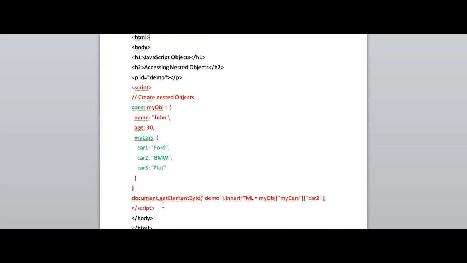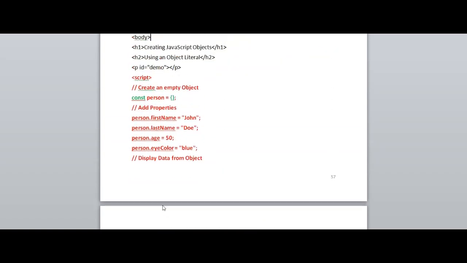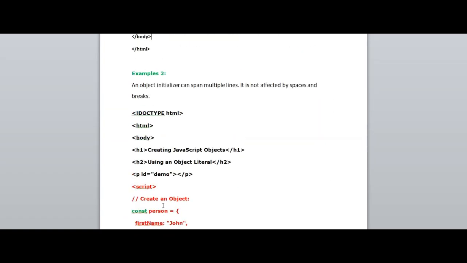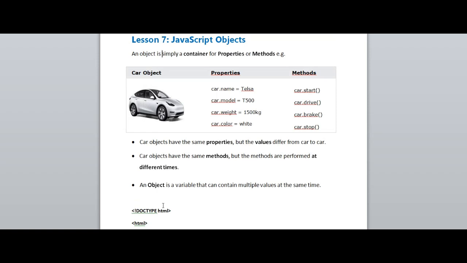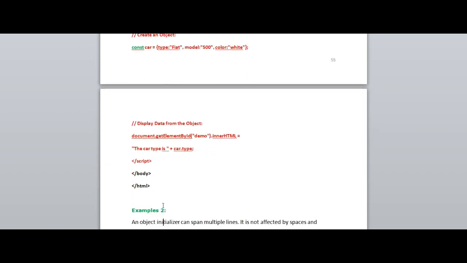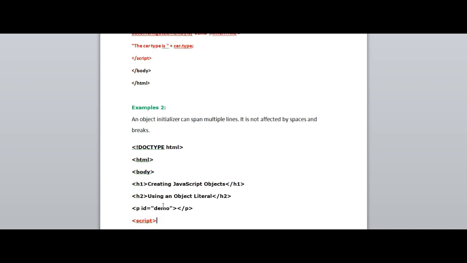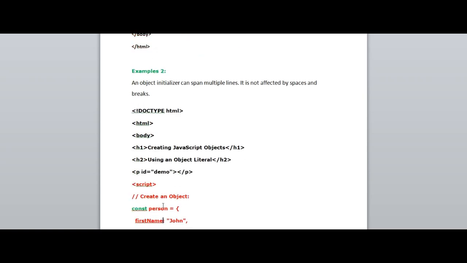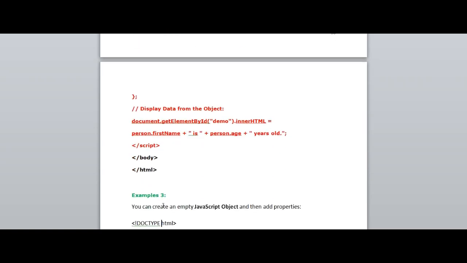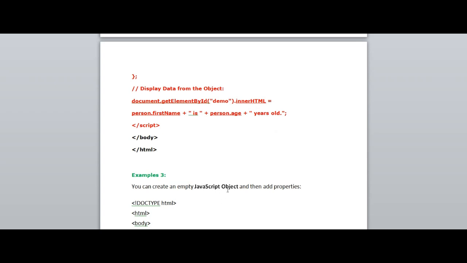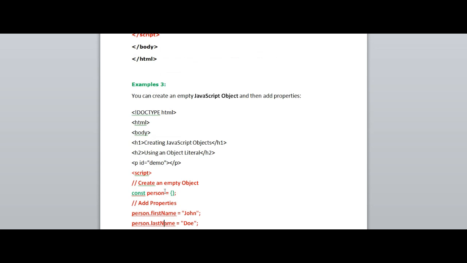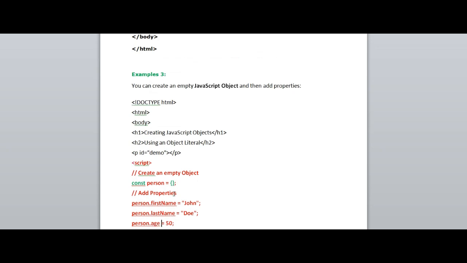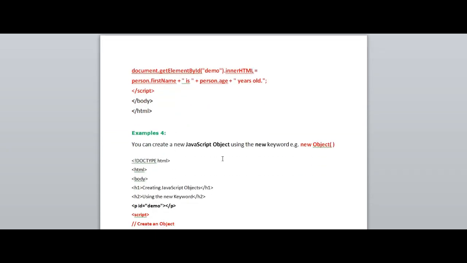So what have we discussed so far? If we go back, we have discussed first JavaScript objects. We came to a second way of using JavaScript objects, which is example 2. We also looked at how you can display an empty JavaScript object and populate it using empty code here. You can also use the new keyword Object.